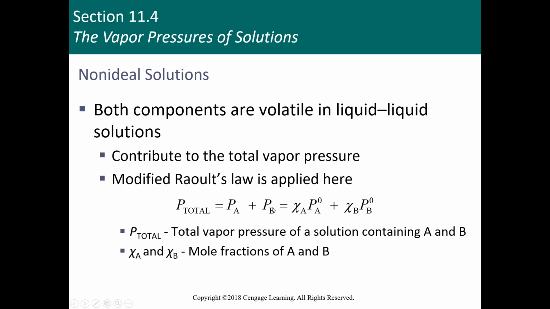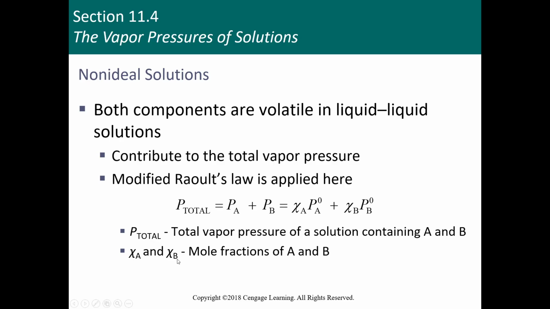For liquid B, that's also volatile, the pressure of that gaseous phase B over the solution is going to be equal to chi B times its pure solution vapor pressure. And so the total pressure over the solution is going to just be those two pressures added together. That total pressure will be the vapor pressure of the solution containing A and B over this liquid portion of the solution.